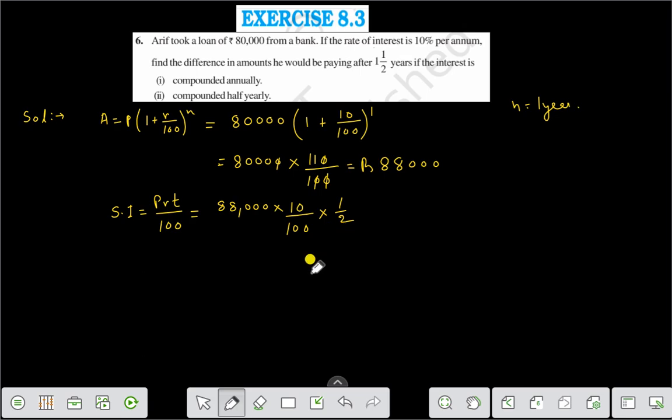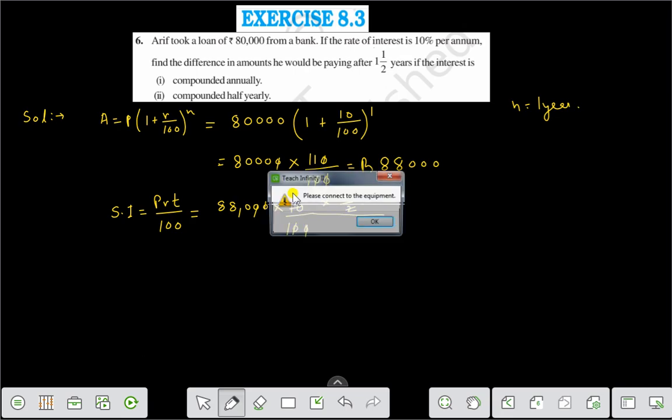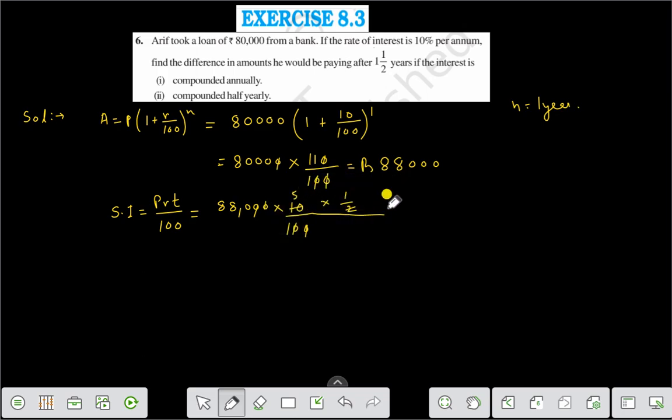This 0 will cut, and this 0 will cut, and 2 fives are 10. Multiplying 88 with 5 gives 440, so we get rupees 4,400.